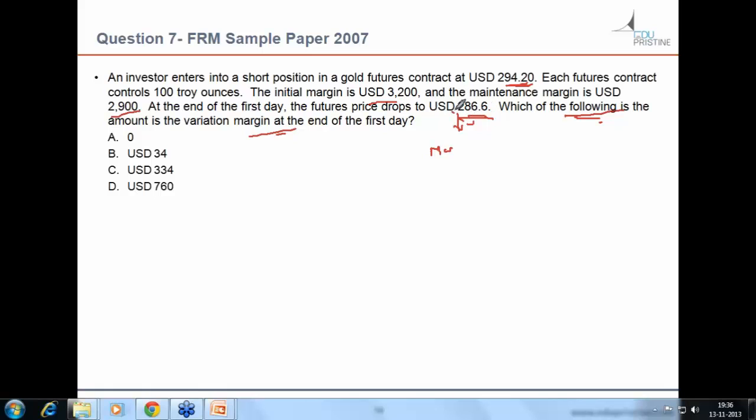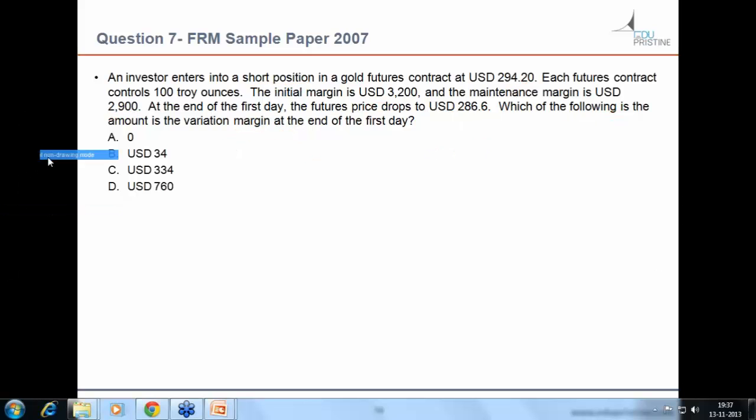Instead of paying it, he receives some amount. So be very alert in this kind of question. It is asking for a variation margin, but sometimes you tend to ignore what kind of position he is holding, and you make this kind of mistake.